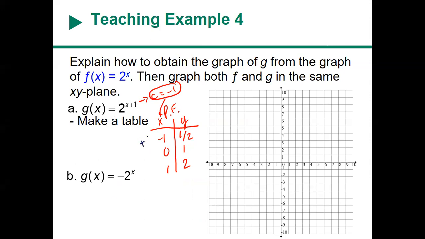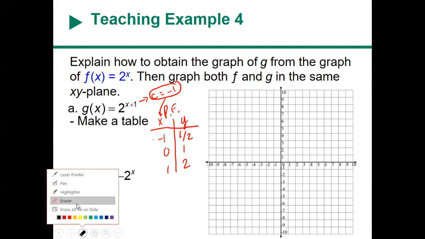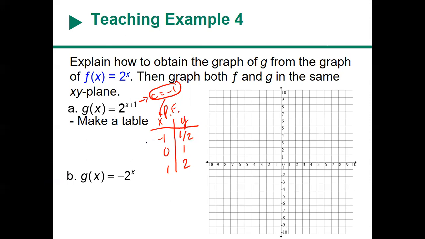So plus negative 1 for each. So plus negative 1, plus negative 1, plus negative 1. So now all of my values have been shifted.